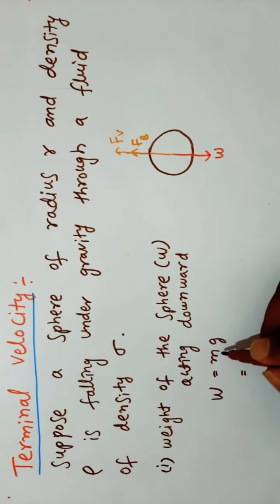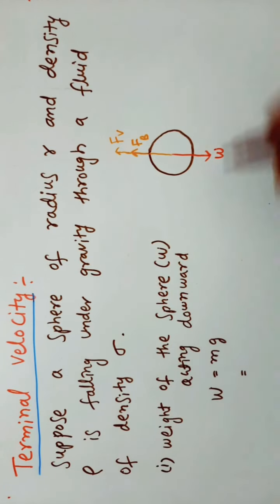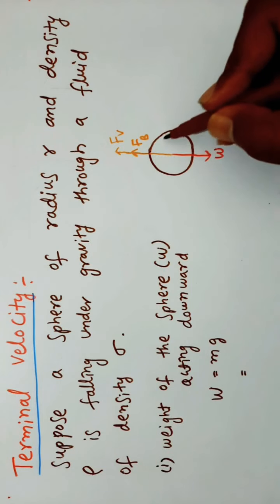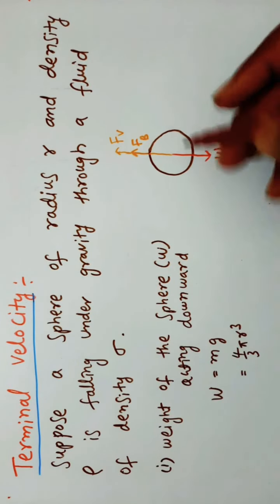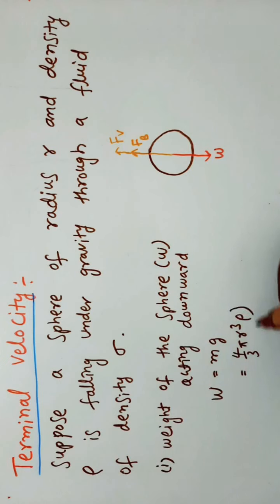Here we know mass is equal to volume into density. Here the volume of the sphere is 4/3 pi r cube. So W is equal to 4/3 pi r cube rho g. Let us take this as equation 1.